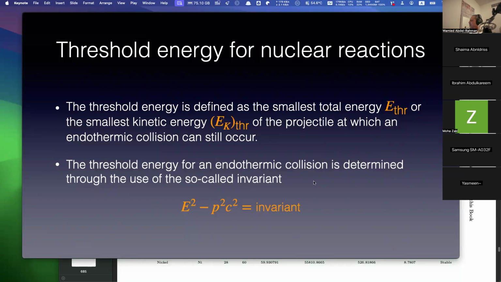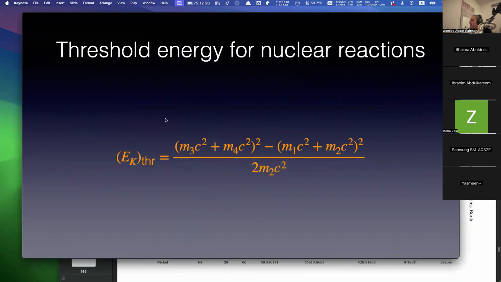I won't go through the derivation, but it's not that difficult actually. Once that is done, we get this equation to determine the threshold, or the smallest kinetic energy of the projectile, in order for the nuclear reaction to happen.